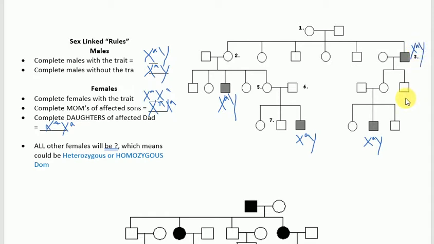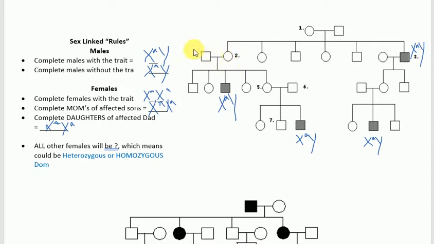Okay. So now we can determine the parents, basically. So for this one, for instance, we know that neither one of these parents have this, right?